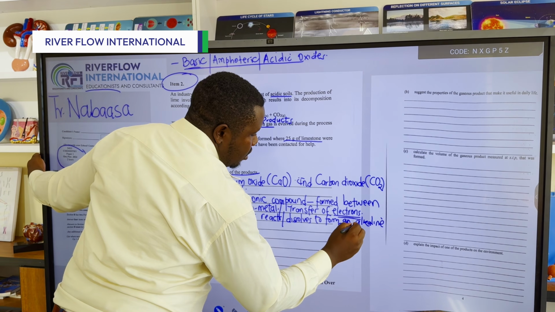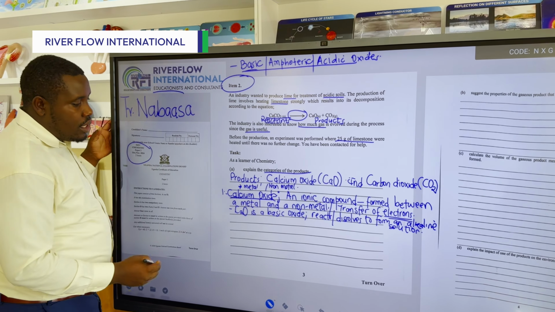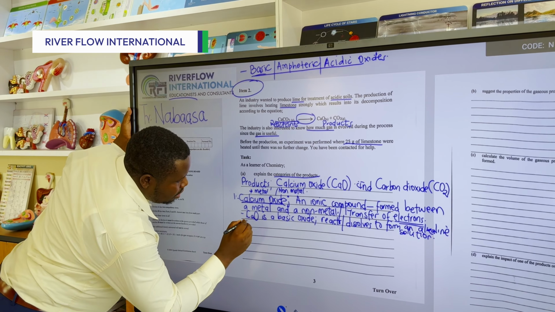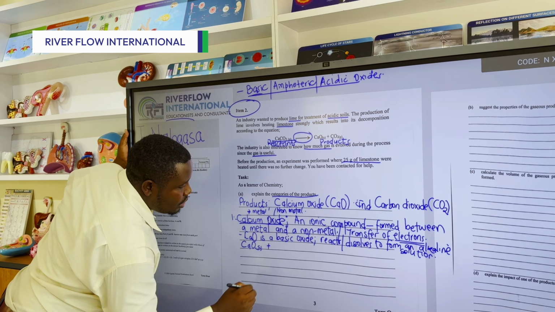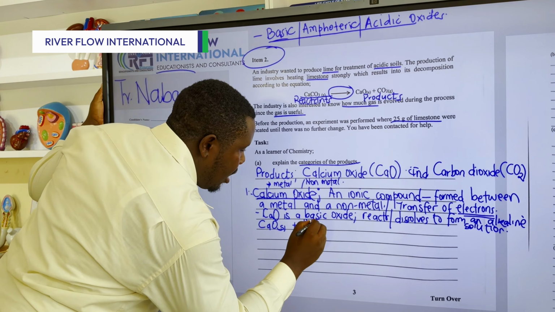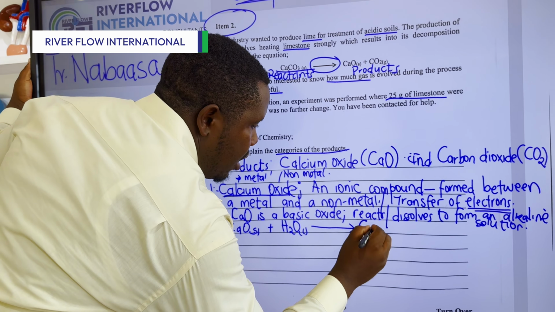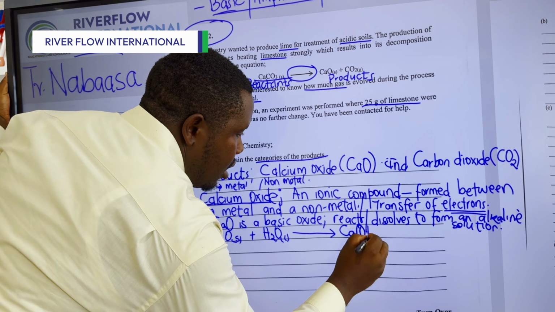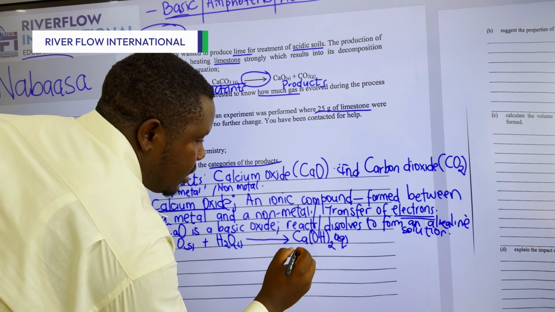Those of you who know how to write equations, you can say calcium oxide, which is in solid state, plus water, when they react together, they will form calcium hydroxide.